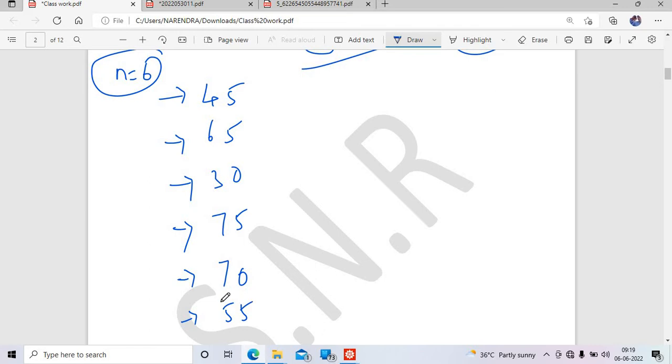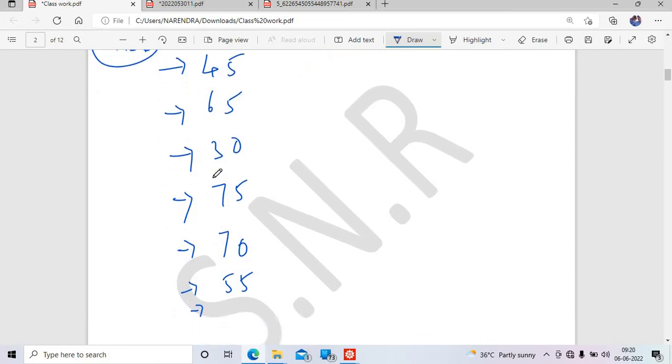These are my 6 values. This is one data set, and you can take any type of variables. Now I need to find the central tendency measures. I am taking one more value, so n equals 7, and the seventh value is 25.